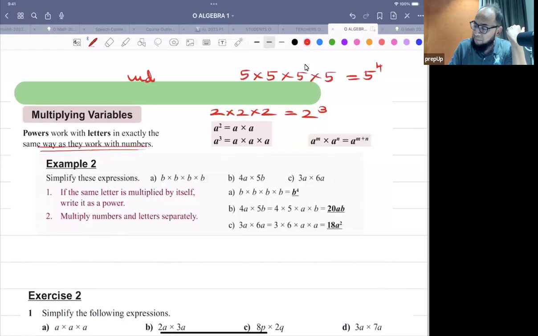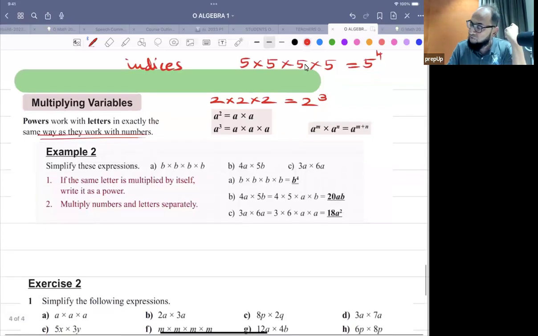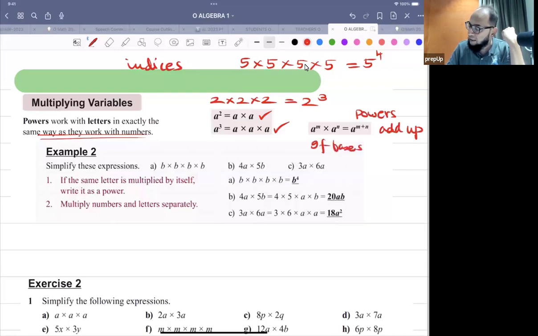So this is basically the concept of indices to simplify numbers. So now as we can see a into a is a square, a into a into a is a cube, and a power m into a power n, the powers add up. If bases are the same, so this is an application of indices.